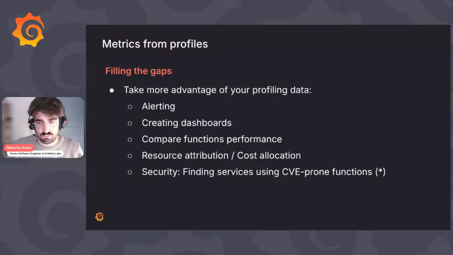Same for dashboards. We can now create dashboards that explain consumption over time instead of using flame graphs. What else? We believe that one of the most useful features of this is that you can target functions. You can choose to export metrics on specific functions, which means that you may understand how a function's performance goes over time.